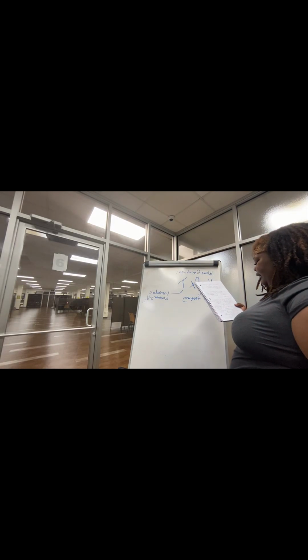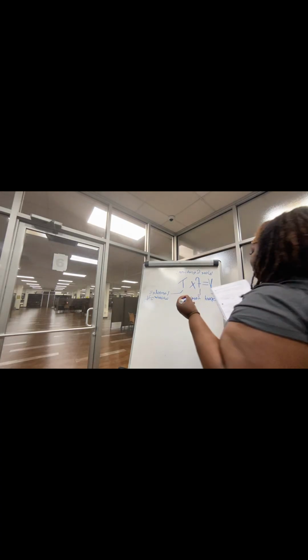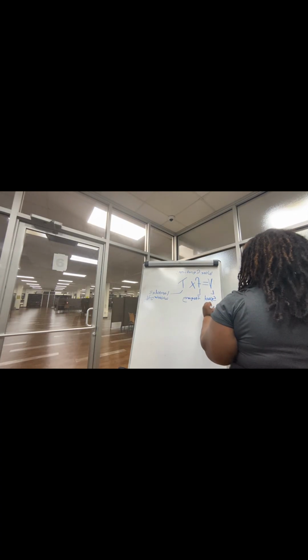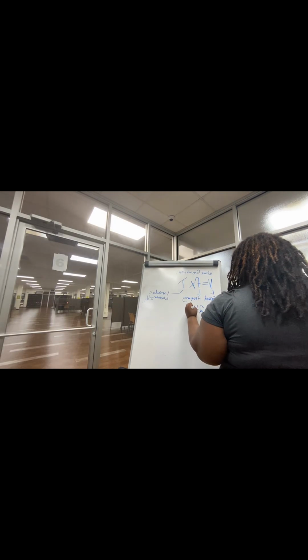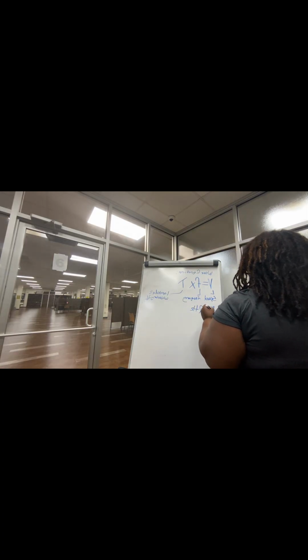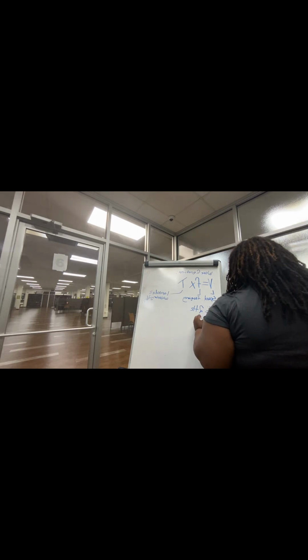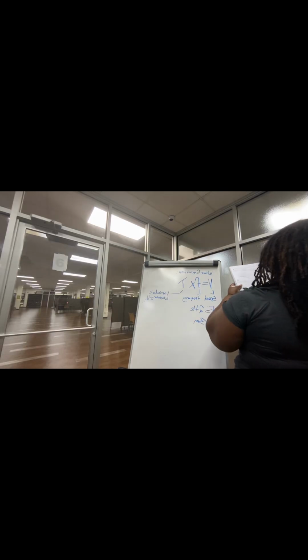Find the speed of the wave. So what we do know is the frequency is 2 hertz, and the wavelength is 3 meters.